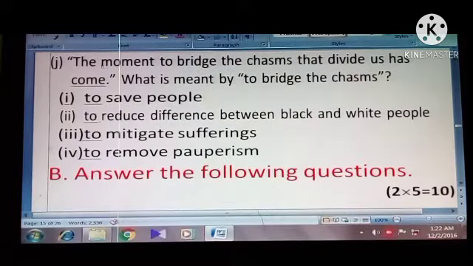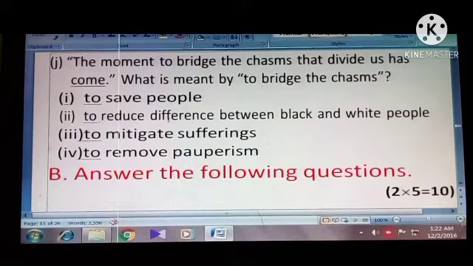Number J, the moment to bridge the chasms that divide us has come. What is meant by to bridge the chasms? Number 1, to save people. Number 2, to reduce difference between black and white people. Number 3, to mitigate sufferings. Number 4, to remove pauperism. Here the correct answer is number 2, to reduce difference between black and white people.